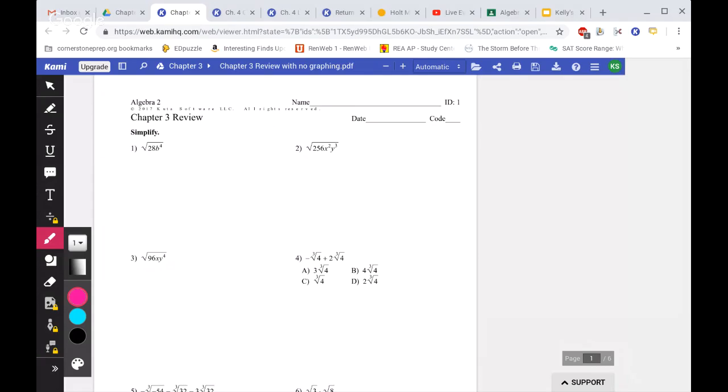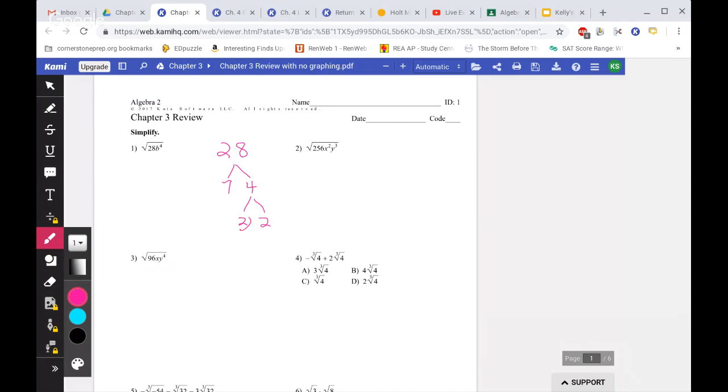Okay, at the beginning here, you've got the square root of 28b to the fourth, because if there's nothing in the check mark, it's an assumed square root. So I know that I have to factor that 28. I've got 7 and 4, and 4 breaks down to 2 times 2.